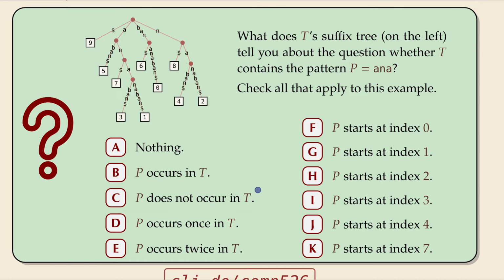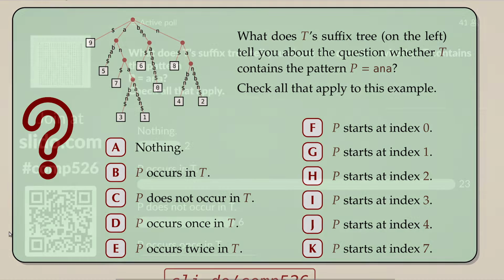If you figured out where it occurs by looking at the text, try to go back and see if you can argue just on the suffix tree. Okay, 36. I think I'll show you the results and briefly on the screen as well.